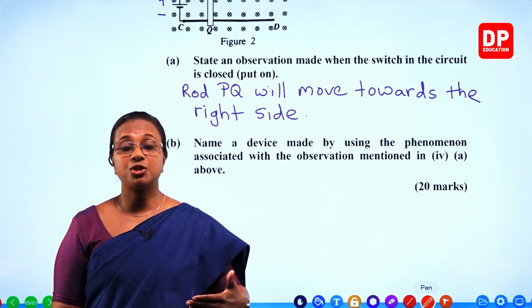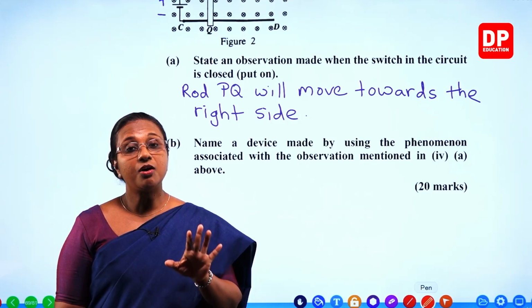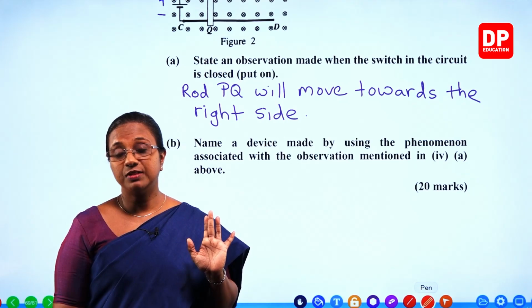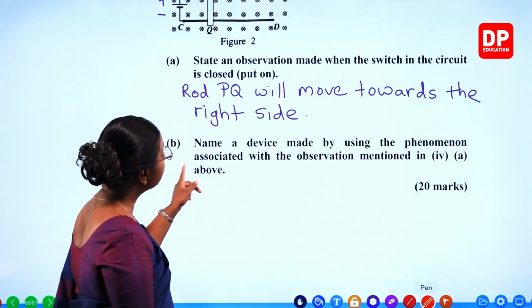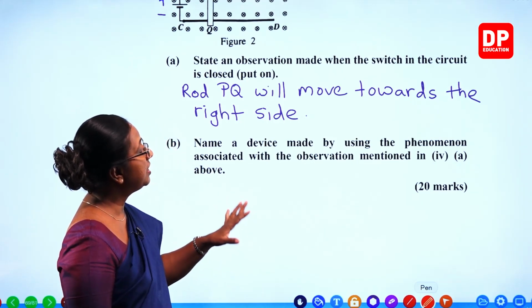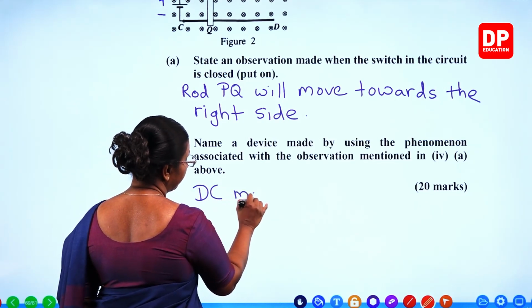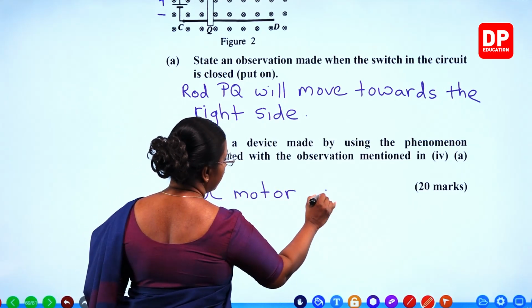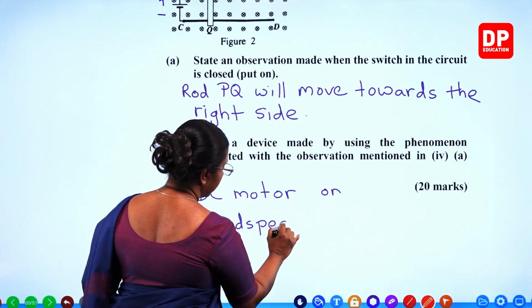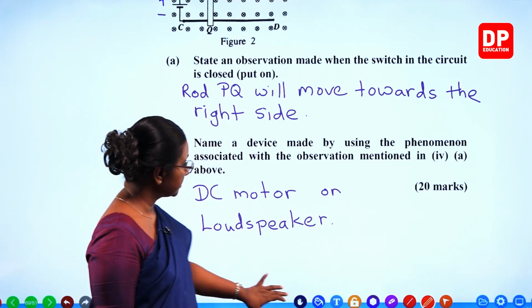Because of the amplification by the cardboard cone, there is sound produced. So, there also we use this same phenomenon. You can write one of these answers. We can say DC motor, or you can write it as direct current motor, or you can say loudspeaker. Is that okay? So that is the answer for this question.